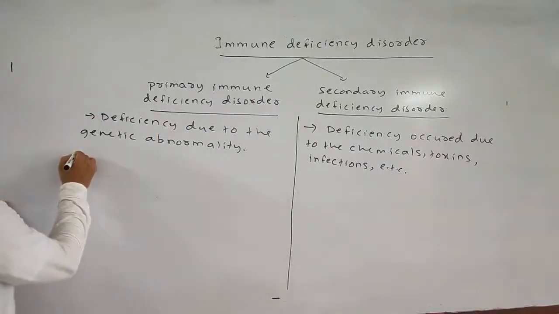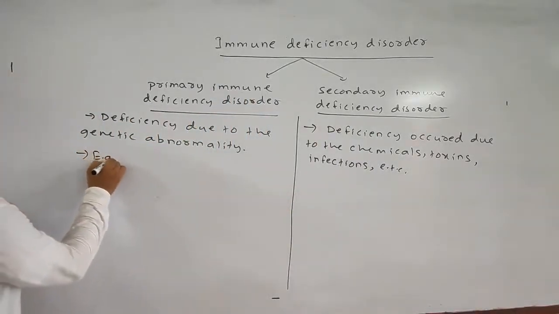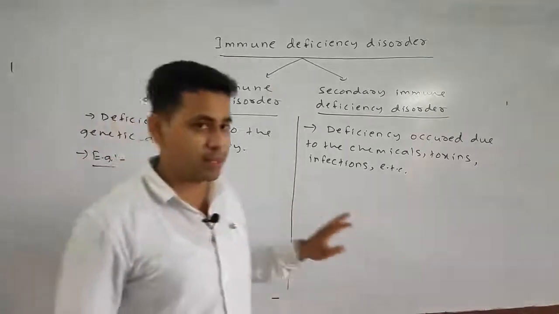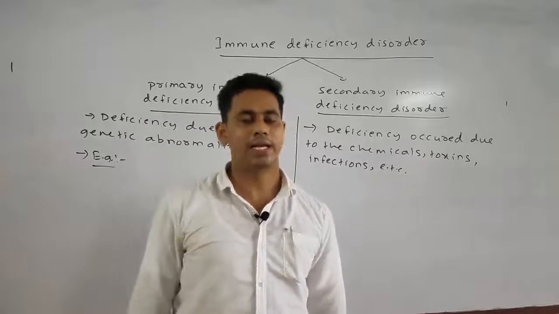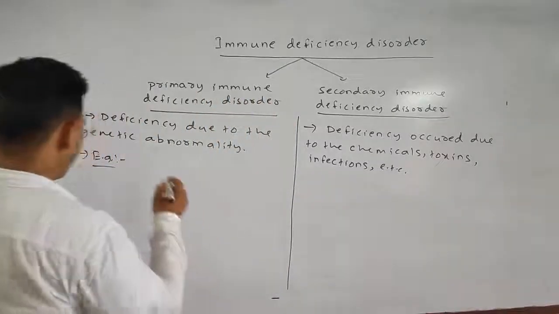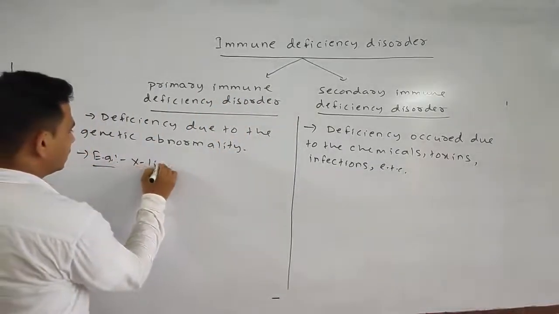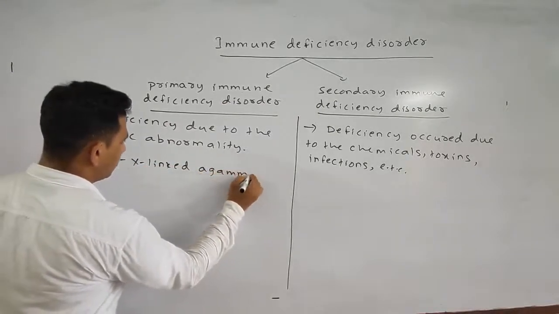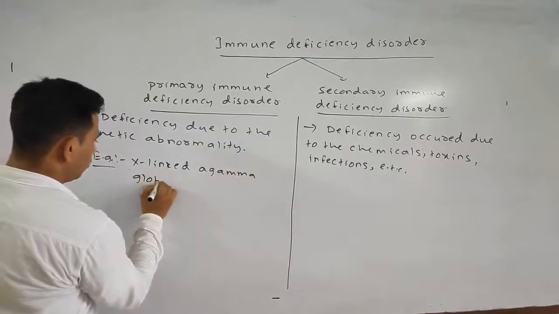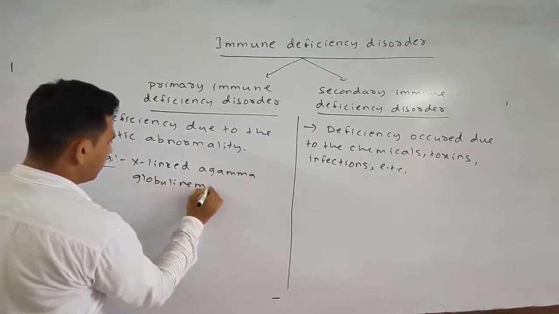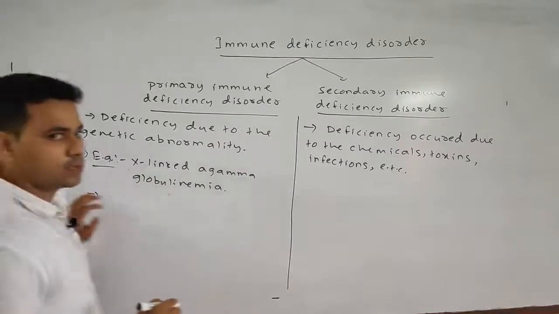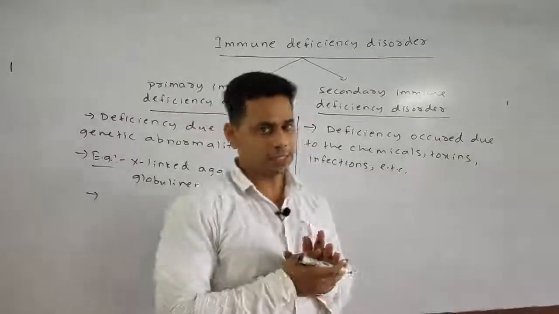Okay. So there are various examples. In the case of the primary immune deficiency disorder: X-linked agammaglobulinemia. Next, SCID, severe combined immunodeficiency disorder.